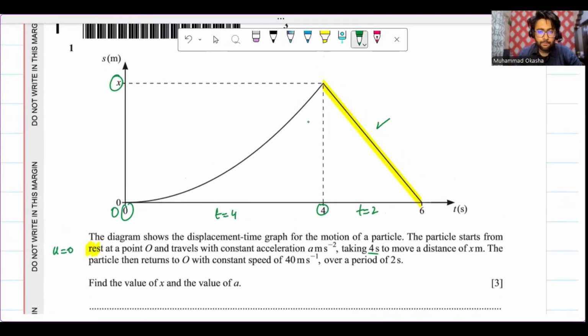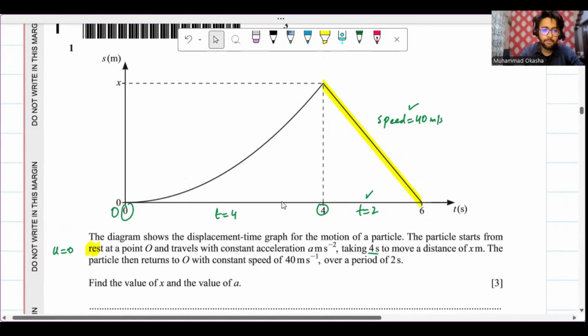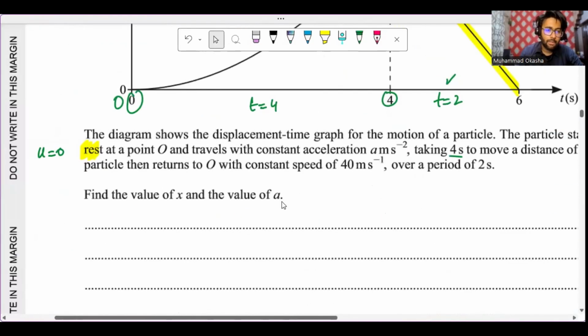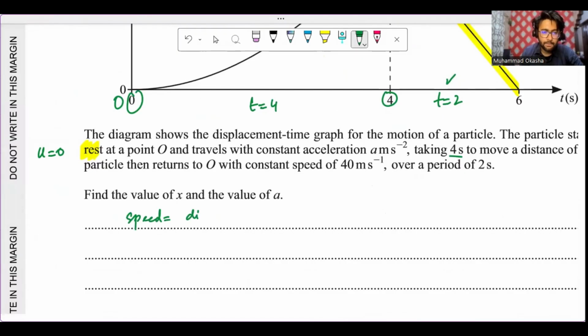I'm going to use this part of the motion. This is really simple because during this time, speed is equal to 40. You know the speed, you know the amount of time it took, so you can work out the distance using a really simple formula: speed is equal to distance divided by time.